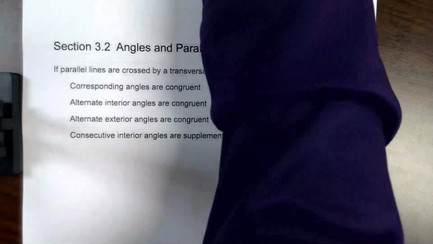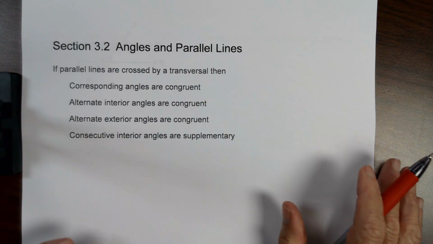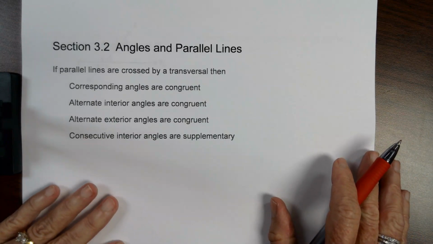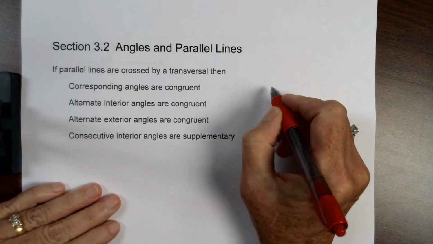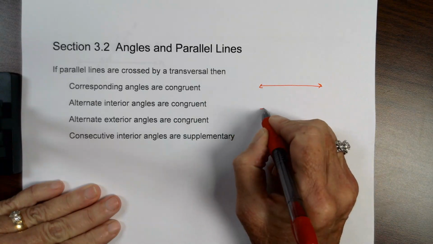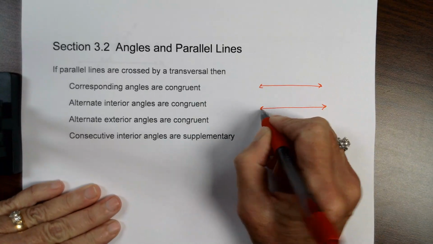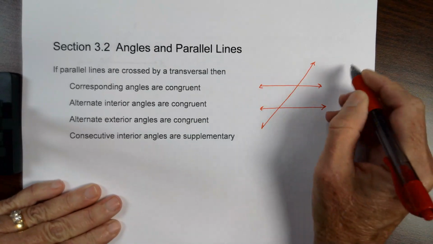In section 3.2, we talked about angles and parallel lines because we know special things about those angles we just talked about. If I have two parallel lines, they have to be cut by a transversal.